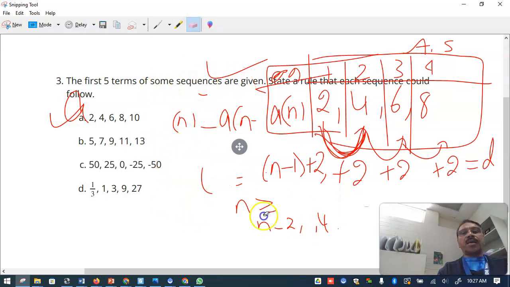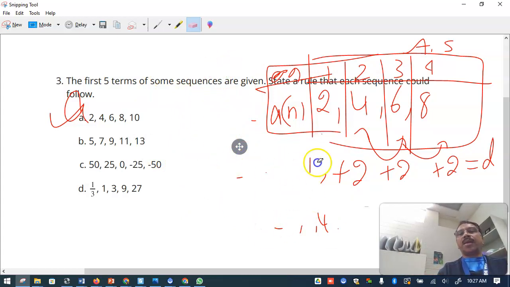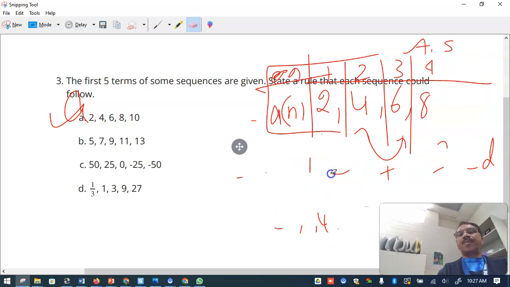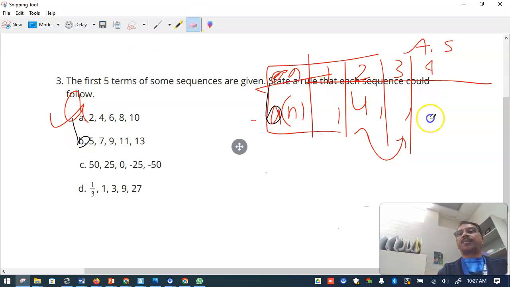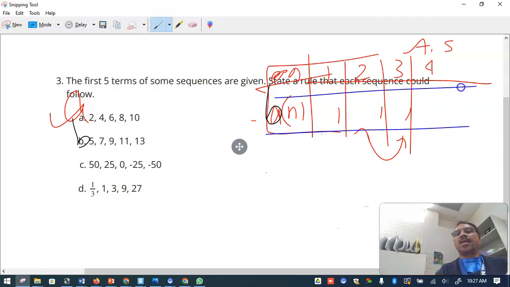In the second question, what is the rule that you see? They are all odd numbers. They begin from 5, and you're adding 2, again the same kind of example. This time this is b, and the numbers are 5, 7, 9, and you can see again you're adding plus 2.